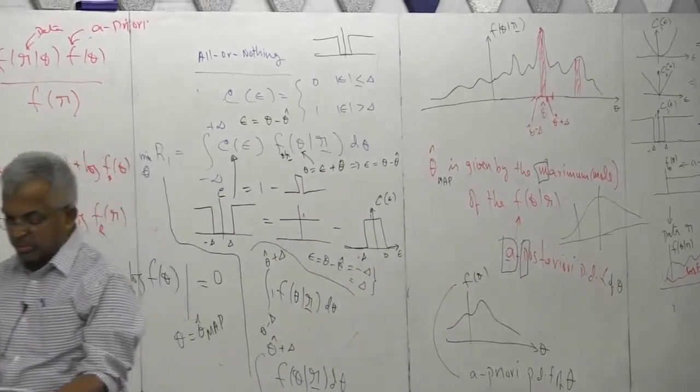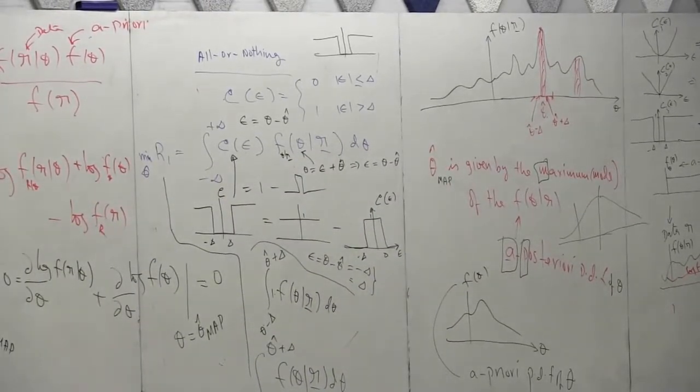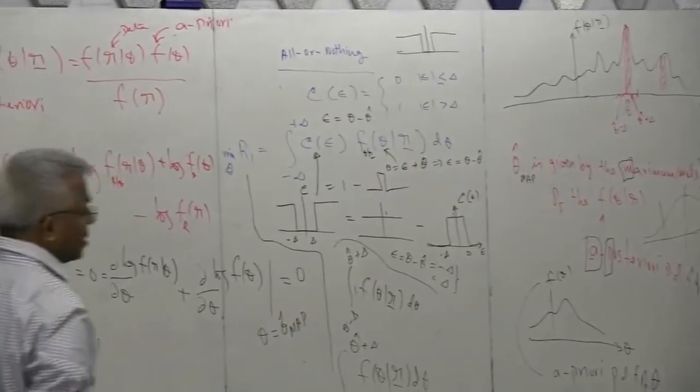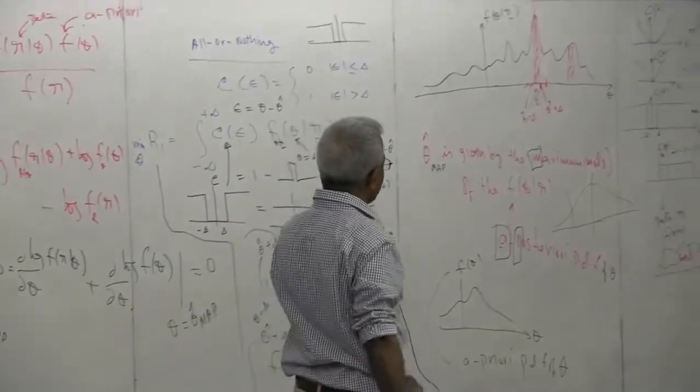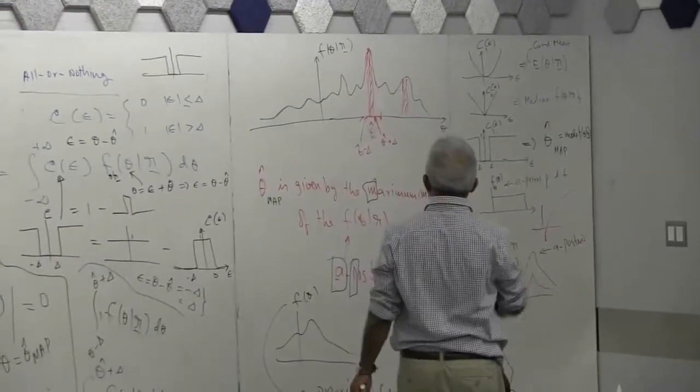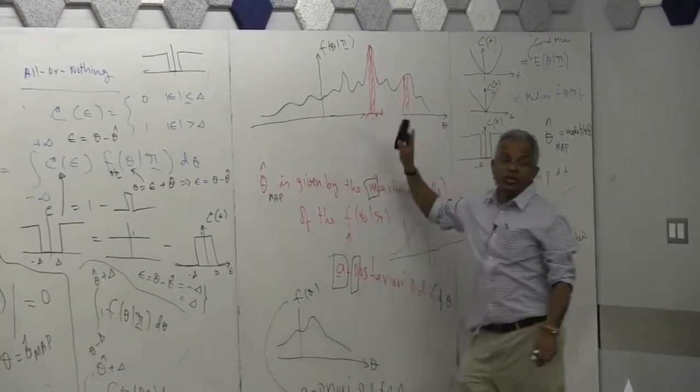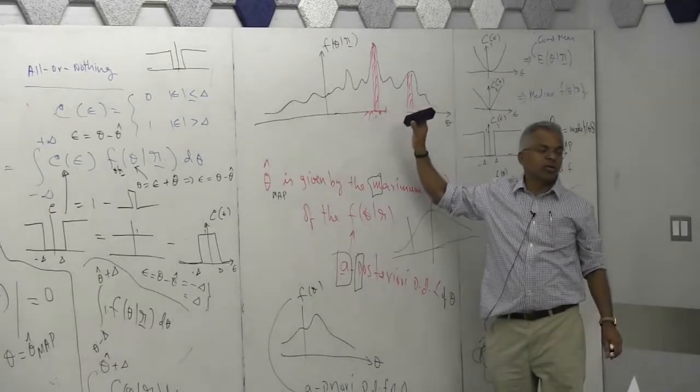I have also done the MAP estimator. MMSE is a little harder, so you can check through at home. Let me do the MAP estimator for a problem here. So any questions before I go into the example?